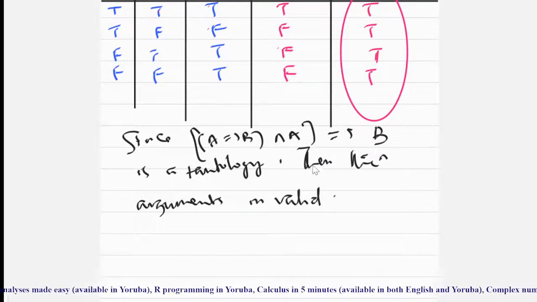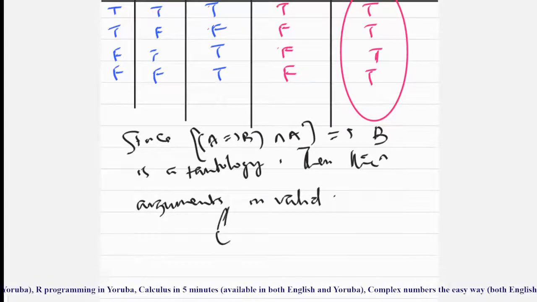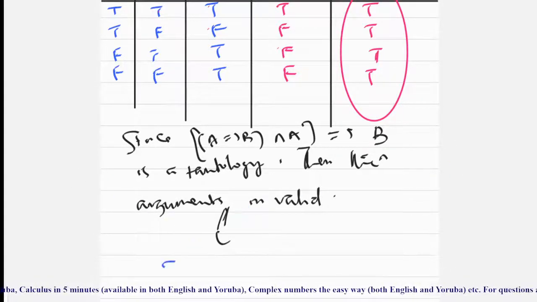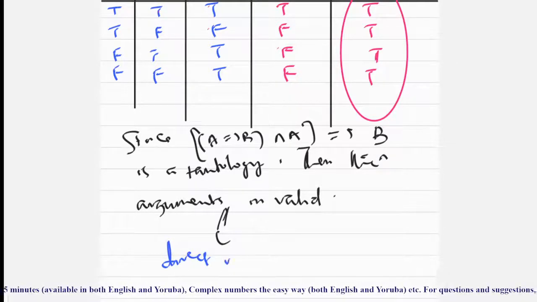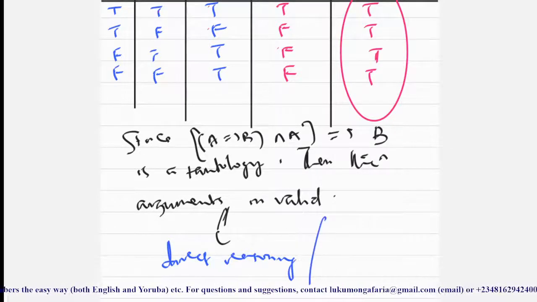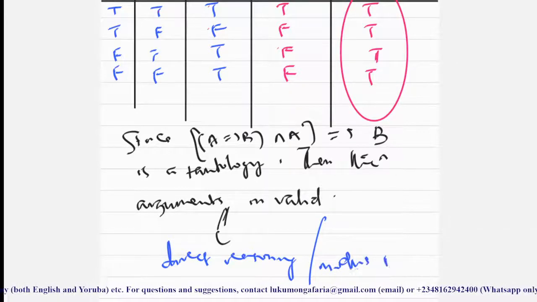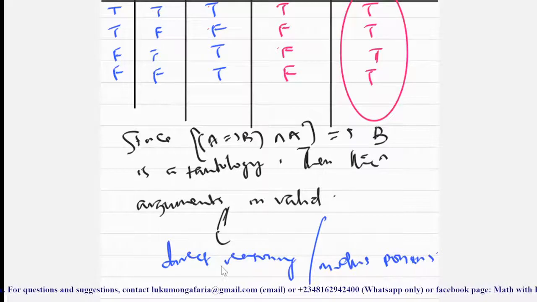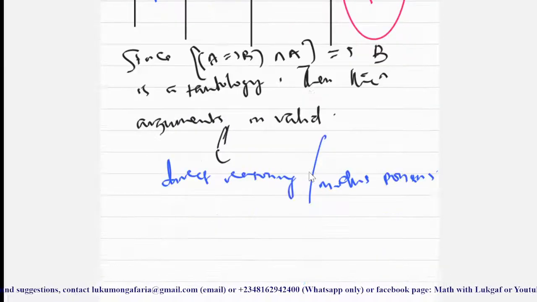We call this type of reasoning direct reasoning. You can see it is very direct reasoning because if the tortoise eats well, it lives long. There is no complication there. Or you can call it modus ponens. They may ask you in your objective, so that you get it correctly.